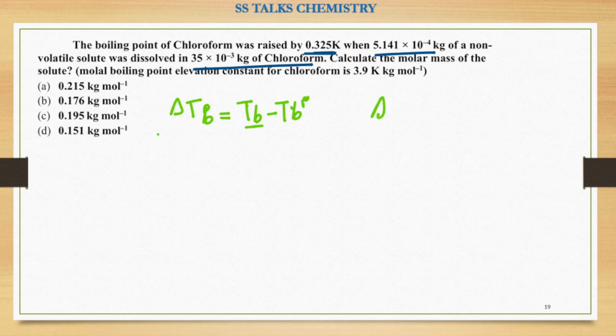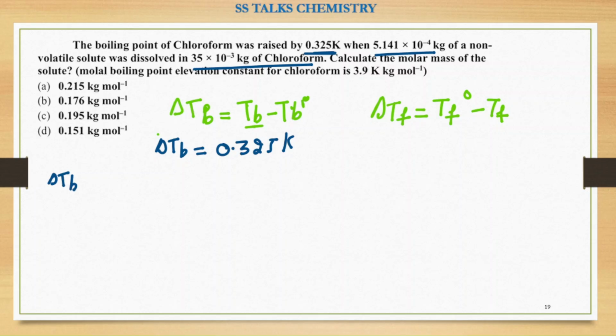In case of delta TF, it was TF not minus TF, that was depression in the freezing point, and here is elevation in the boiling point. So here it is given that delta TB is equal to 0.325 kelvins.